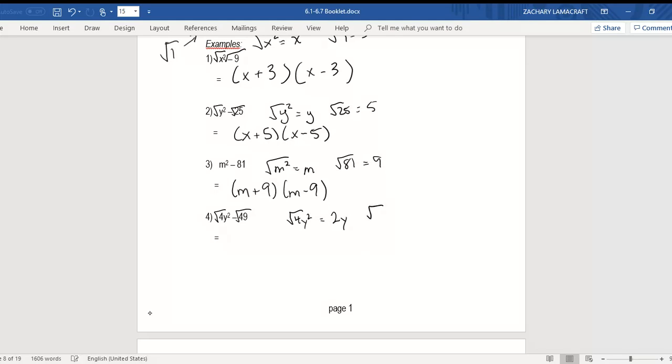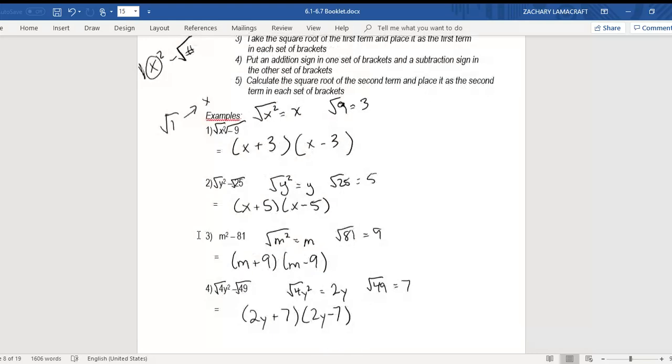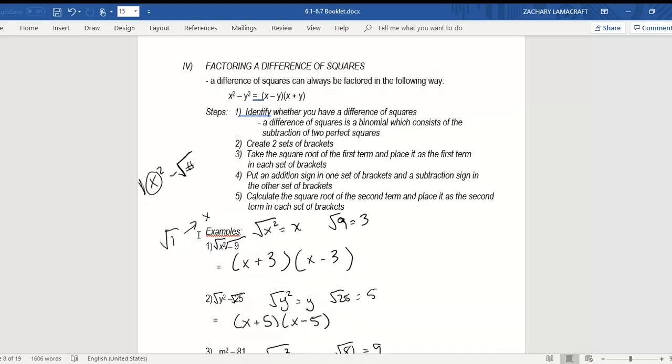And then we'll do the square root of 49, which is 7, 7 times 7. So we get 2y plus 7, 2y minus 7. And that would be how we're going to do a difference of squares.